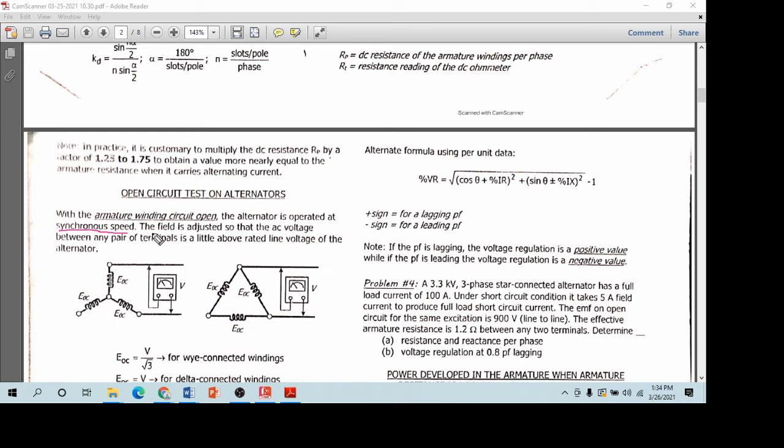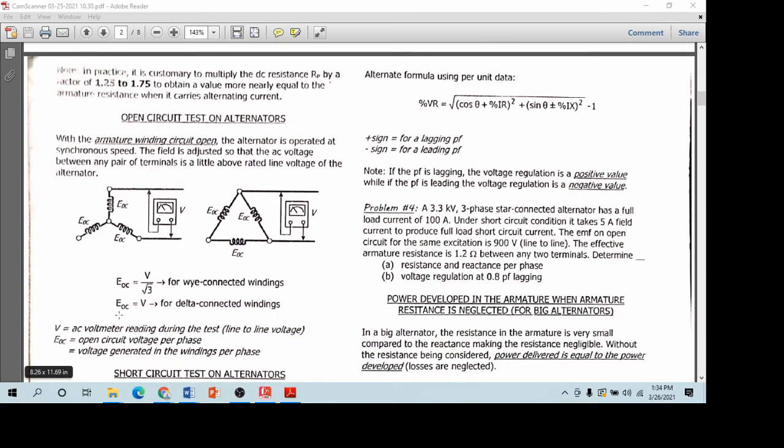The field is adjusted so that the AC voltage between any pair of terminals is a little above 25% of the alternator's rated voltage. And then record everything so that it will be documented.